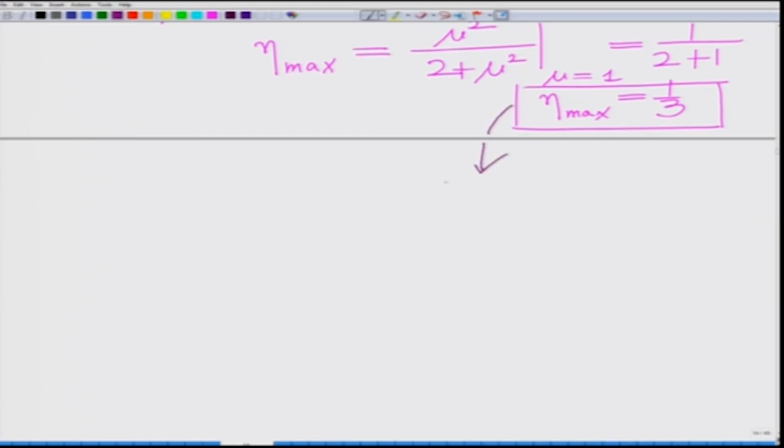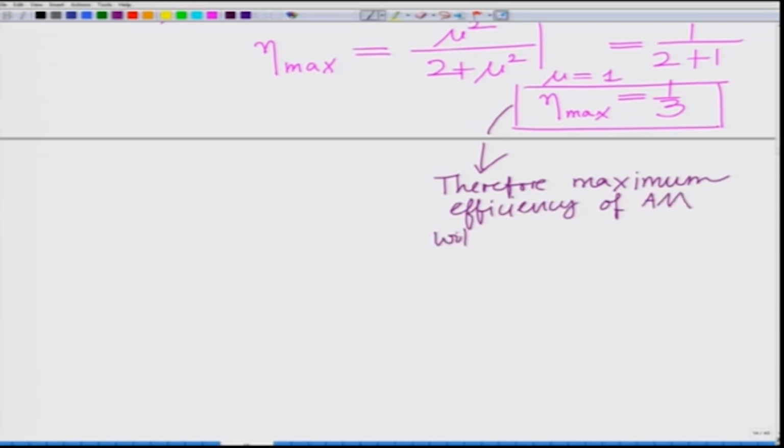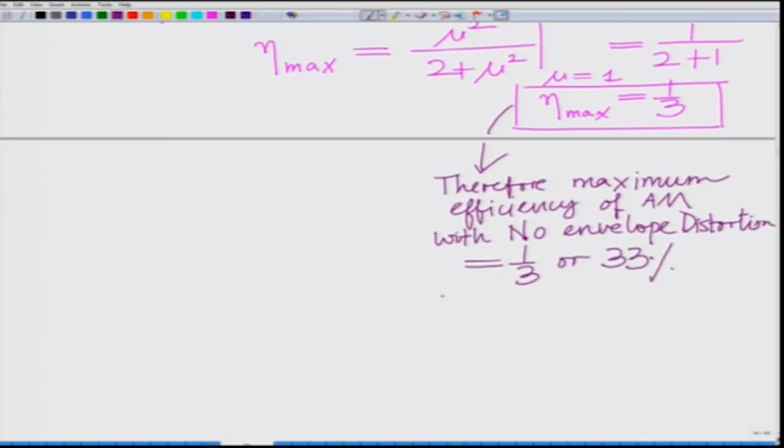All right. So this is eta max, the maximum efficiency of AM with envelope detection. Therefore, the maximum efficiency of AM with no envelope distortion equals 1 by 3, or only 33%, which is a very surprising result, and this tells us that the efficiency of amplitude modulation is very poor.